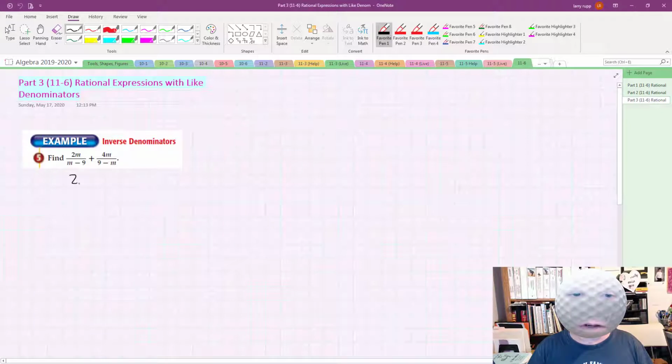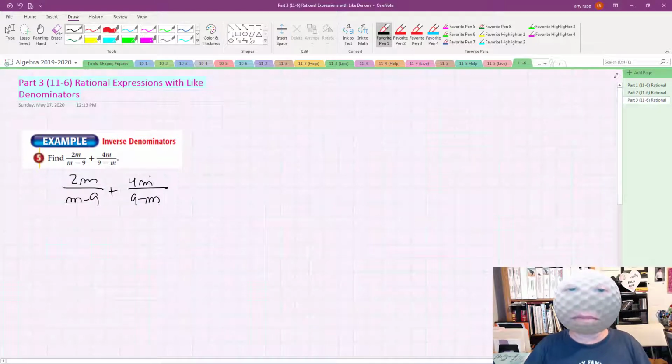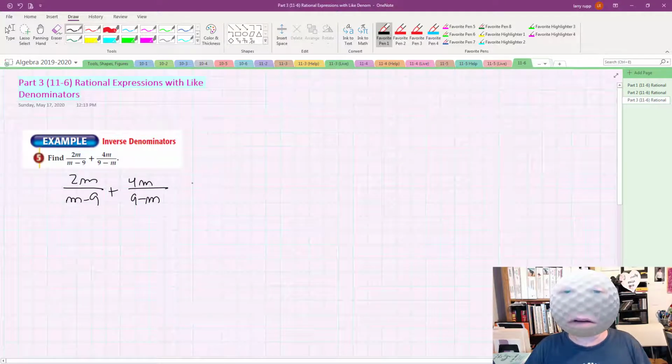So you have 2m over m minus 9 plus 4m over 9 minus m. You need common denominators to add rational expressions. So we need to rewrite 9 minus m as its additive inverse.